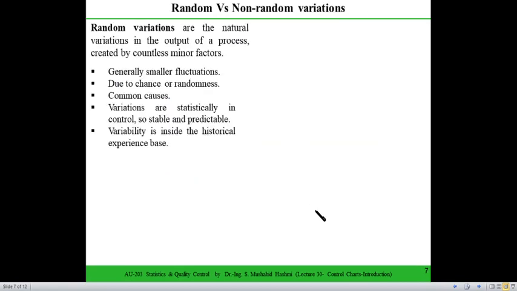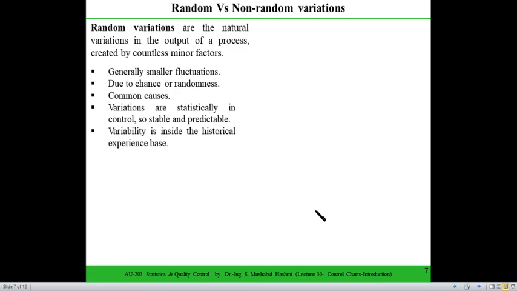Okay, we will look into different types of special causes and common causes. Common causes are sometimes called natural variations or random variations. They happen in the output of a process, and the reasons for these variations could be many, but they are always minor in nature. For example, smaller general fluctuations occur in the process and the output varies, mostly due to chance or randomness.